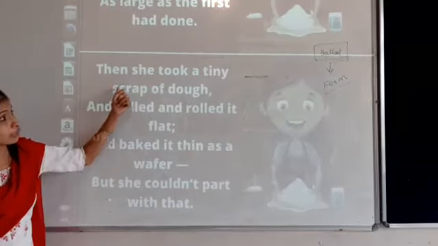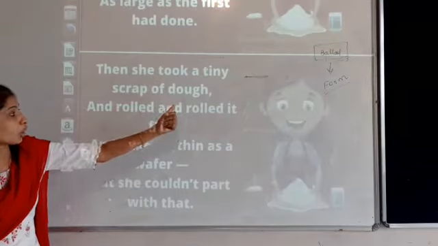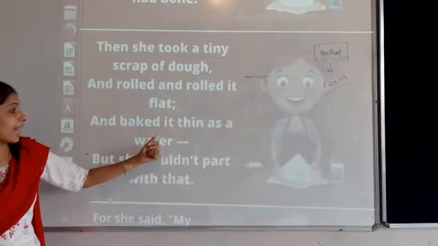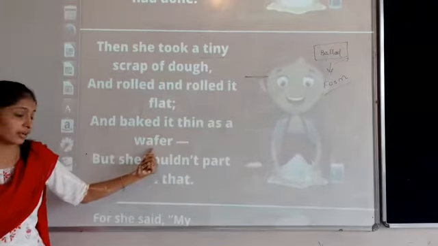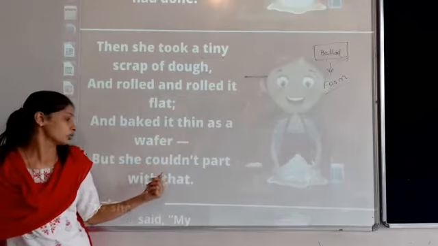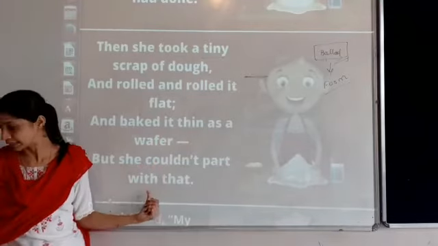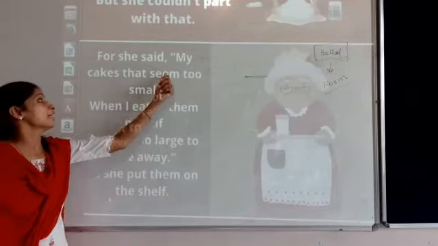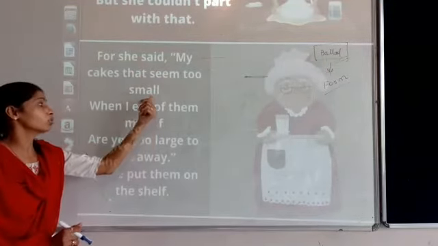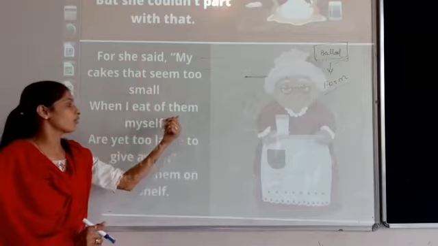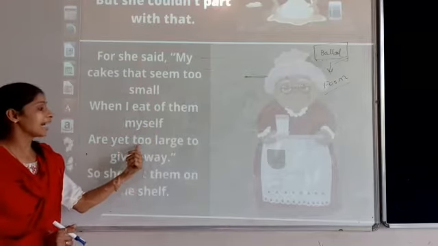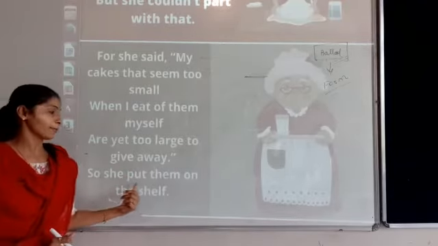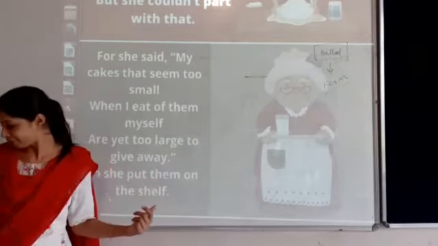Then she took a tiny scrap of dough and rolled it flat and baked it thin as a wafer, but she could not part with that. Next, for she said, my cakes that seem too small when I eat of them myself are yet too large to give away. So she put them on the shelf.